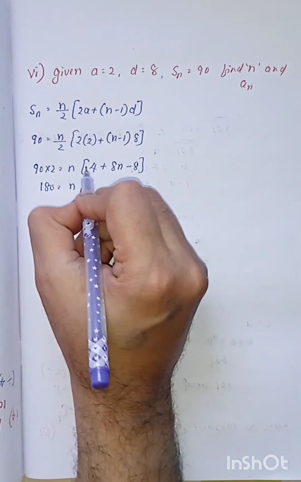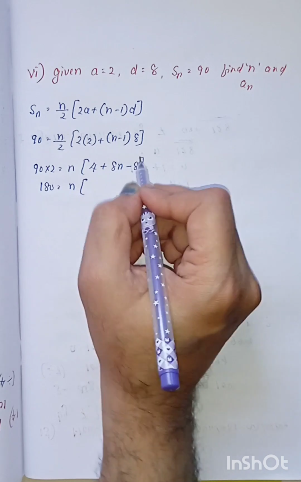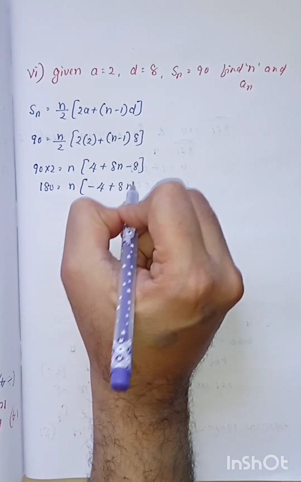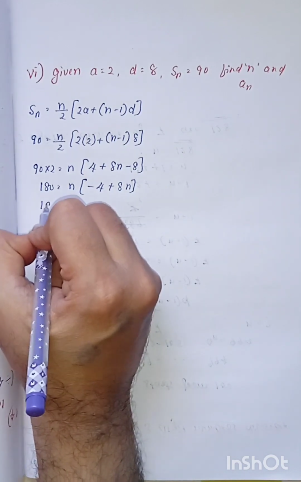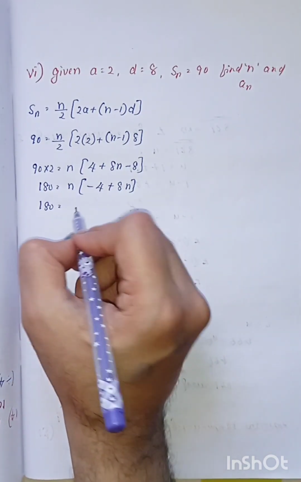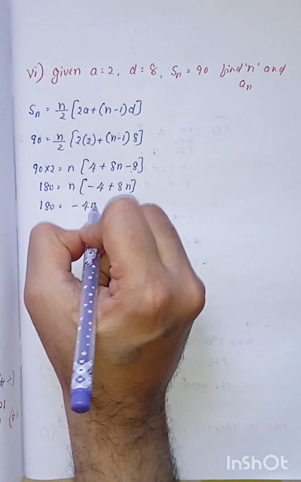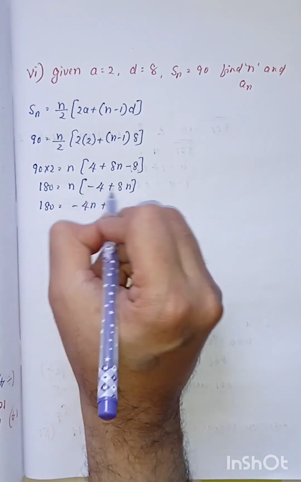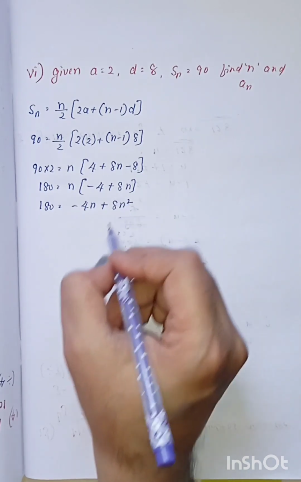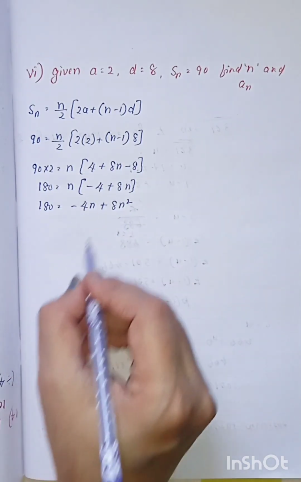Then plus 4 minus 8, it becomes minus 4, plus 8n. In the next step, 180 equals, multiply n into minus 4, you will get minus 4n, then n into 8n, 8n square. Now I will write it in the standard form.